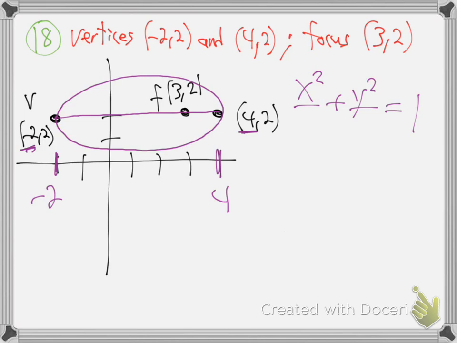Yeah, so just take -2. Let me scribble it over here on the side. Just take -2 plus 4, divide by 2, which is 2 over 2, which is 1. It doesn't look like it on my graph. Doesn't look so good. But right there, out 1. So the center must be over 1, up 2.